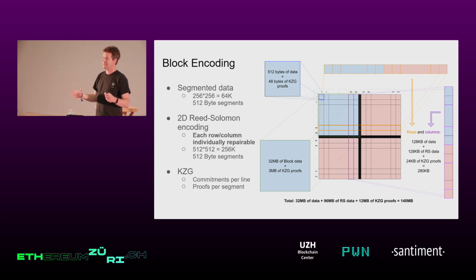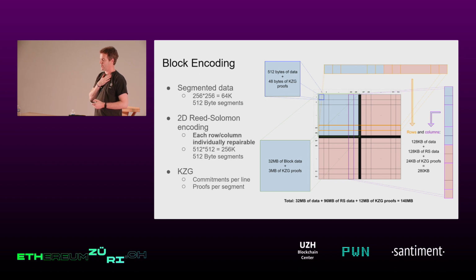So it is extended to 256,000 segments, each one being half a kilobyte, and we have 128 megabytes of data. And this is our new block that we are going to sample on. And of course, there are KZG commitments. So you see the numbers there.